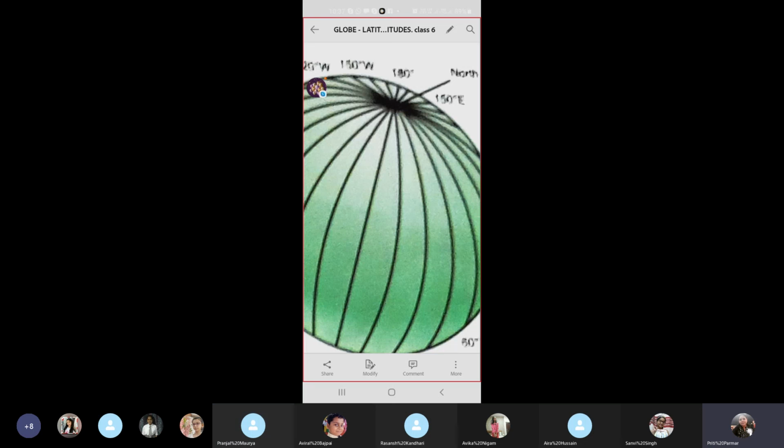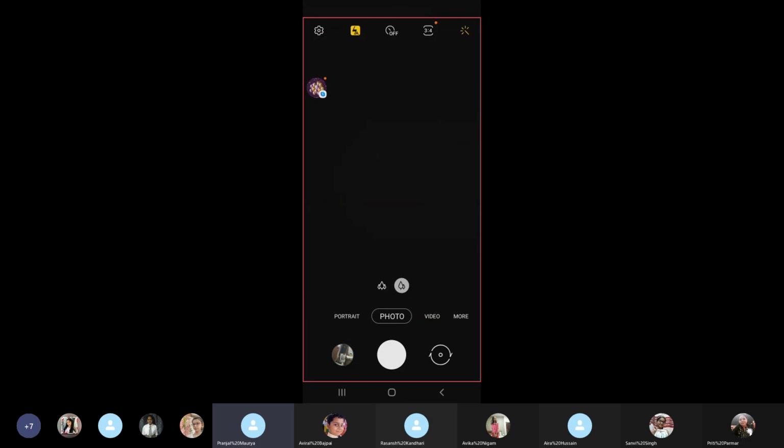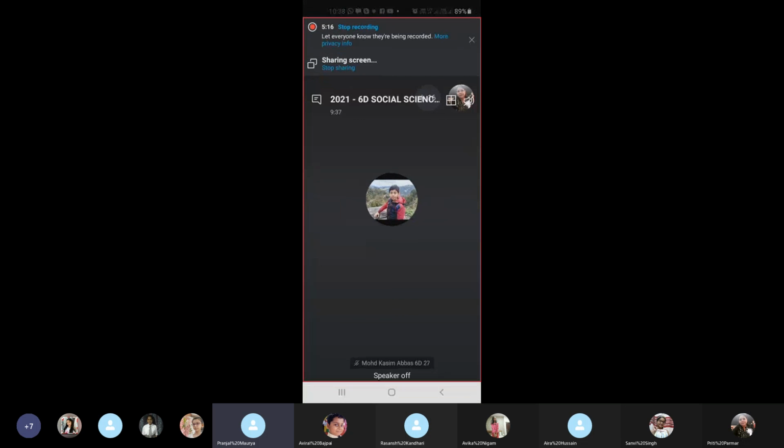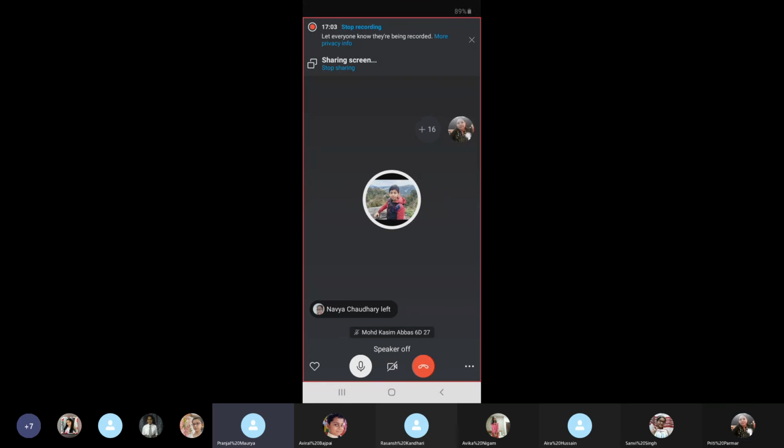So when the prime meridian has noon, the 180-degree meridian has 12 a.m. I hope this much is clear.